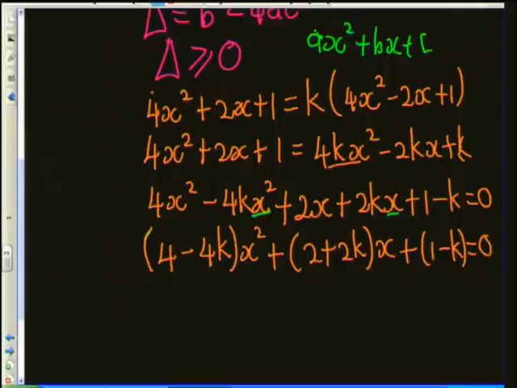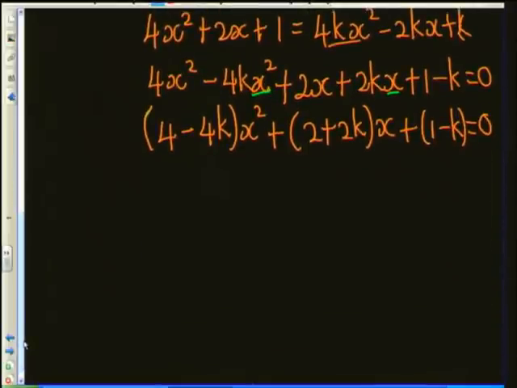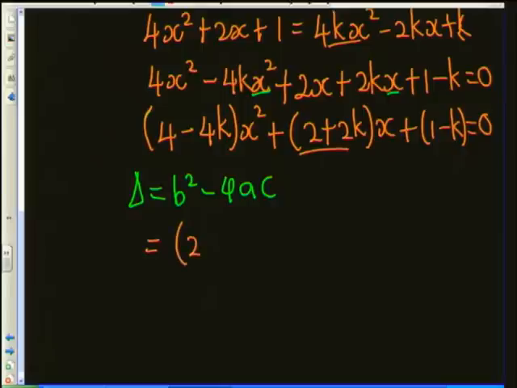Right, so what is my discriminant going to be? Let's remind ourselves the discriminant is b squared minus 4ac. Right, so let's go back now and substitute. So my b is that term there, so it's going to be 2 plus 2k all squared, right, minus 4.